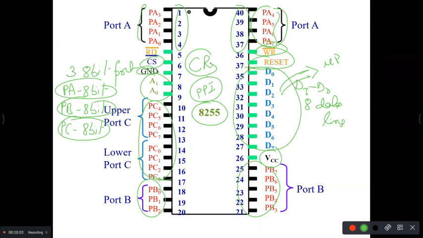So to select out of these four, whenever you want to use that, we use these address lines. It will be selected through this A1 and A0. I have understood this. Okay. The address lines of the microprocessor are going to select port A or port B, port C or control register.